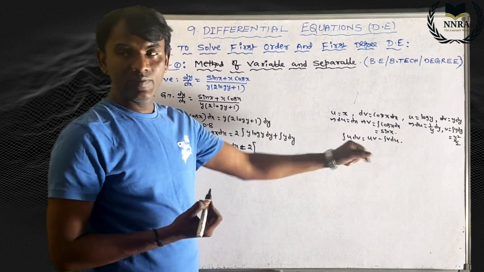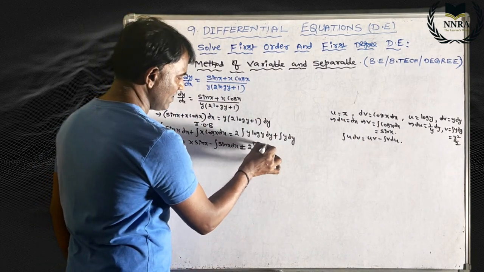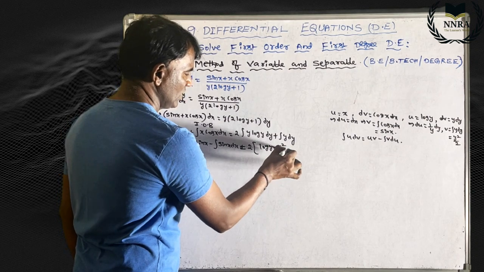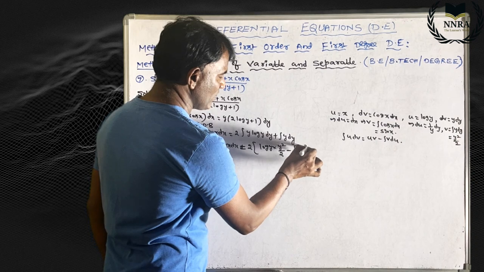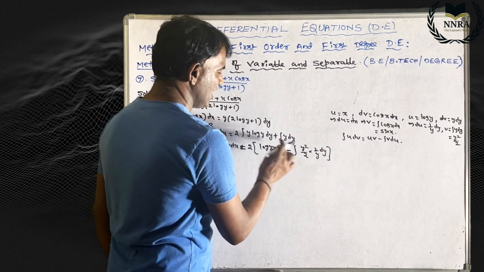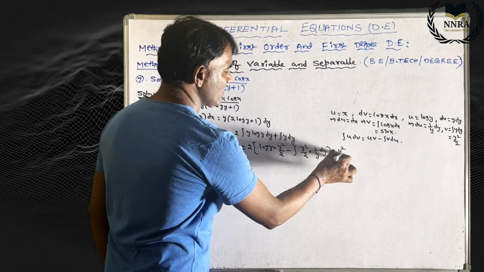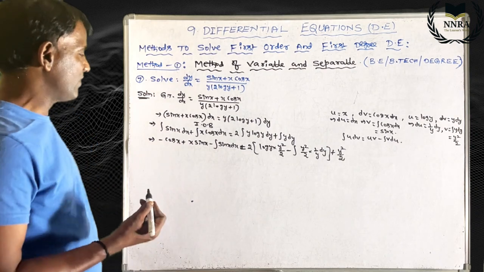Again use the same formula. So u means log y, into v means y square by 2, minus integral v du. Again v means y square by 2, du means 1 by y dy. Then plus integral y dy can be written as y square by 2, like the x power n plus 1 by n plus 1 formula.